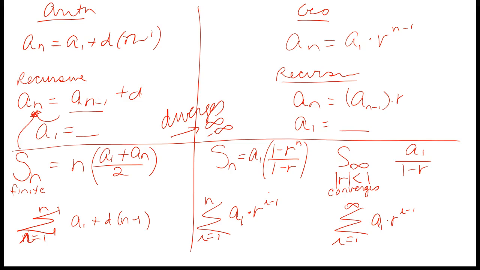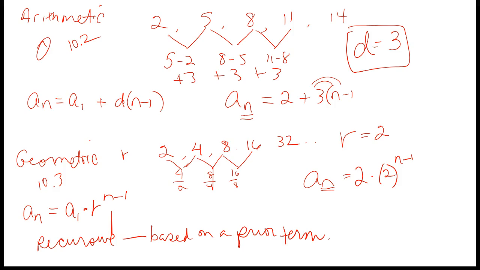Now, 12.1 actually gave us some sequences that were neither geometric nor arithmetic. Lots of times these will be based on the n's. So let's say I have a sequence like this.